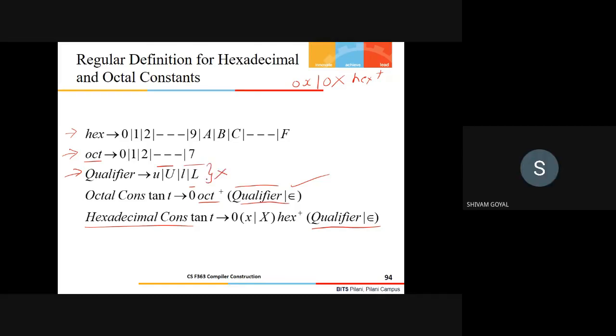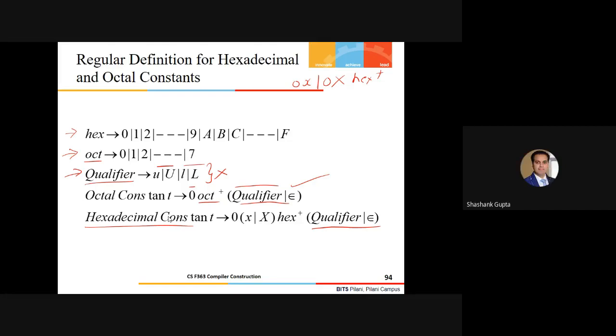So here explicitly you need to mention the U or L, right? Yes, sir. Basically there will be two options. Okay, sir. So it's just the notion of how we are using this regular definition part. We can replace this guy with U, L, and epsilon as well. Okay, sir.